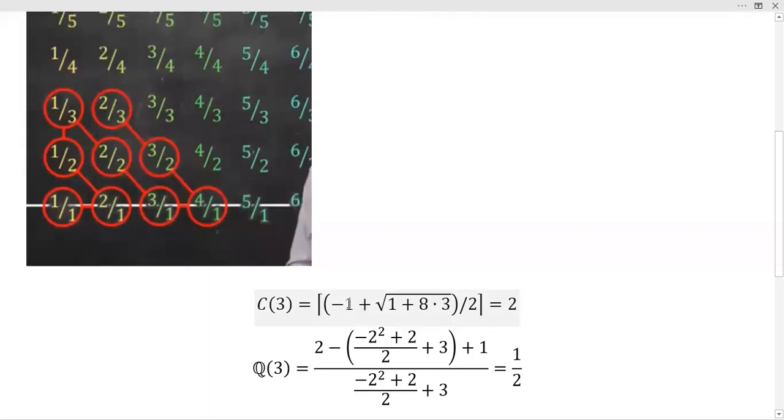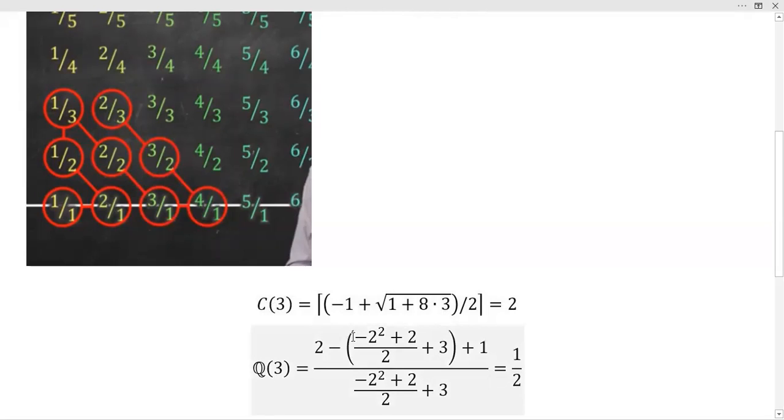If you add -1 to that, you get 4. If you divide by 2, you get 2. The ceiling of a natural number is just that natural number back, so nothing really happened there. As long as it's not a fraction, it just returns the value. So we get that this important ceiling function returns a value of 2.